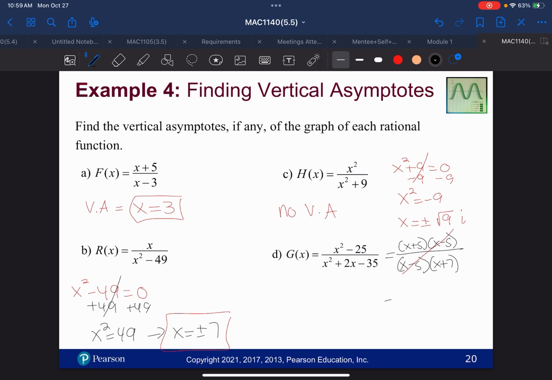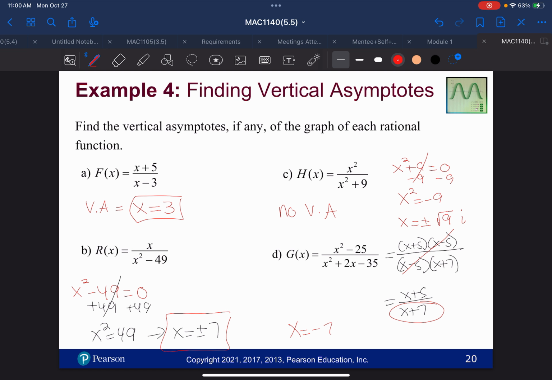This will leave me with x plus 5 over x plus 7. And therefore, our vertical asymptote will be what will make the denominator equal to 0, which would be negative 7. So x is equal to negative 7.